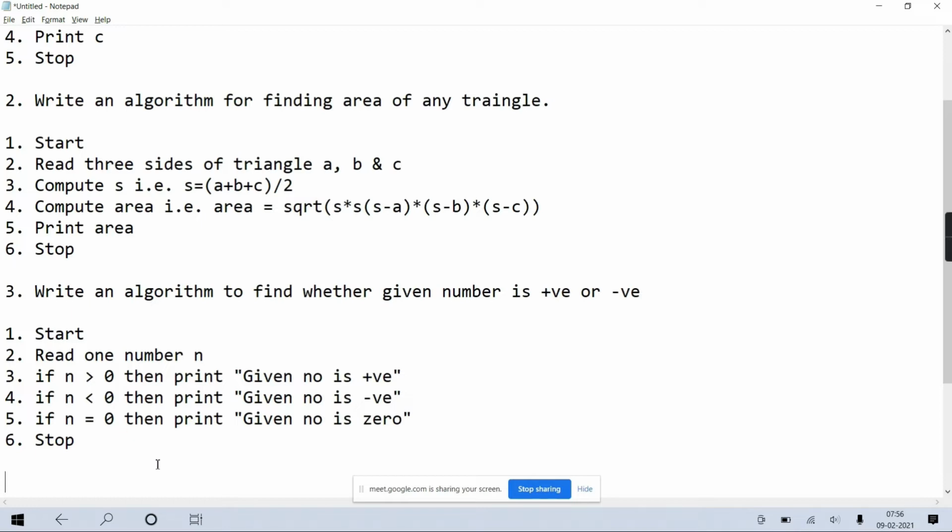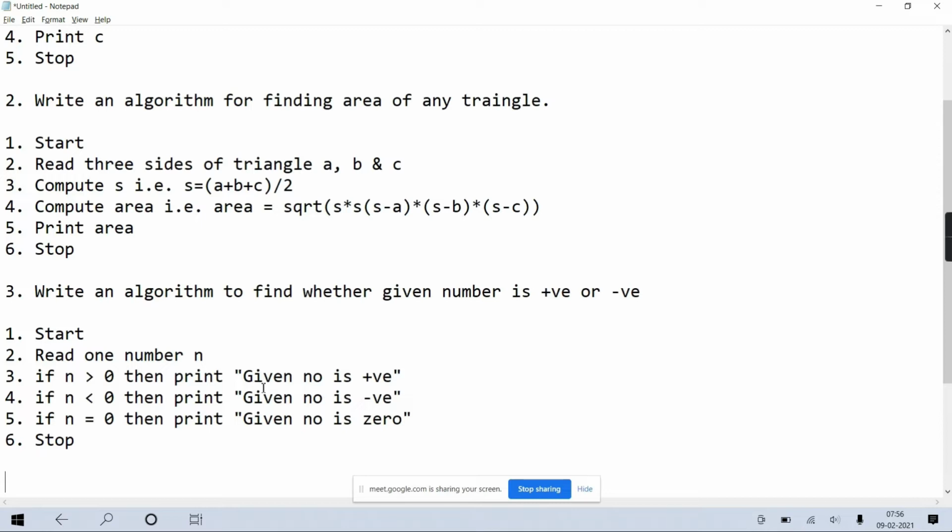So we don't have to compute anything, like 0 minus the number. You can directly compare it. In this example there is no computation needed. We are just comparing the given number with 0. Whatever the number is, I am just comparing it with 0. If the comparison is satisfied, that is true, we print it is positive.